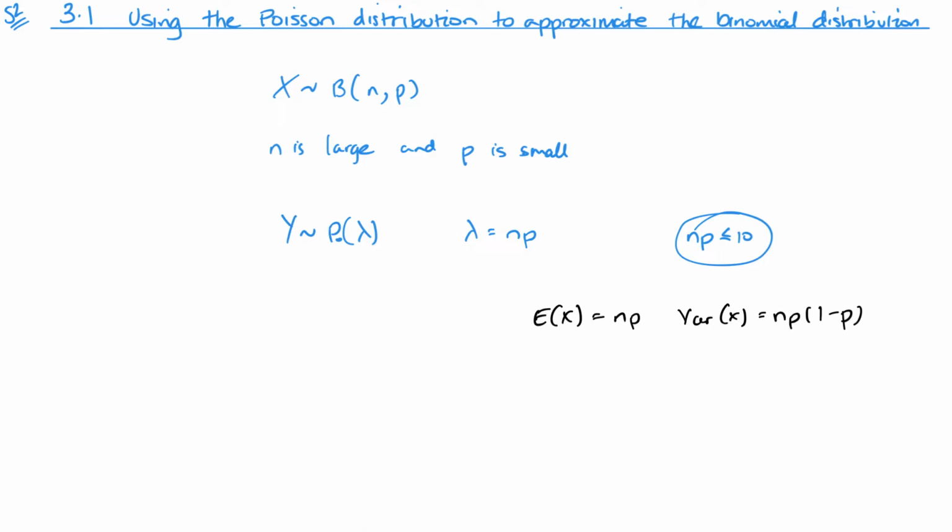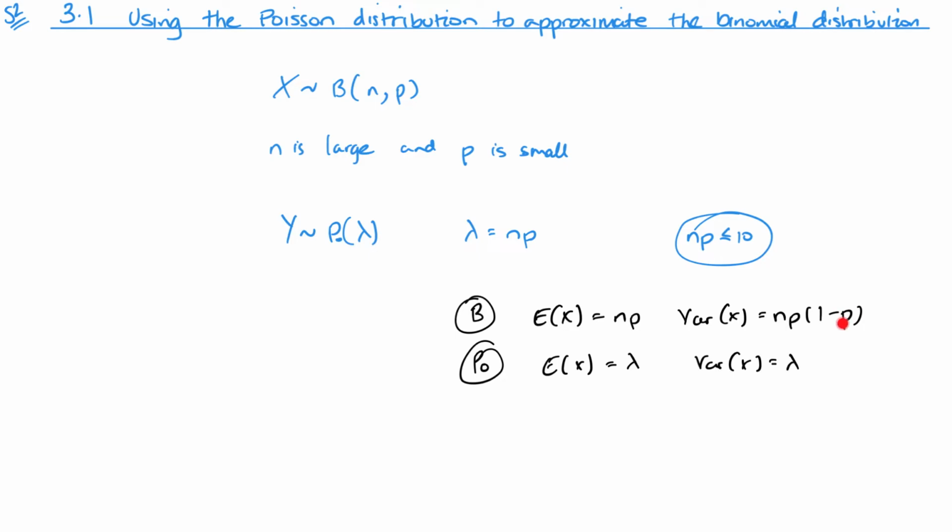So if p is very small, then 1 minus p will tend towards 1, which will mean the variance will be np and the mean will be np. And for Poisson, the mean and the variance are the same thing.